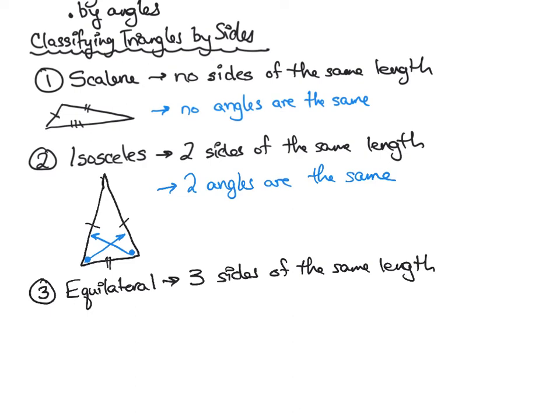So these tend to be the little cute ones that have all three sides of the same length, indicated by those lines. But what's interesting about the equilateral triangle is that all three angles are also the same.